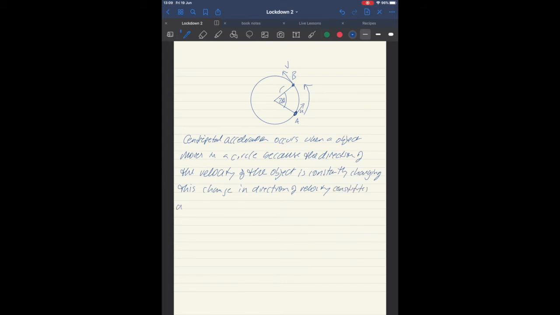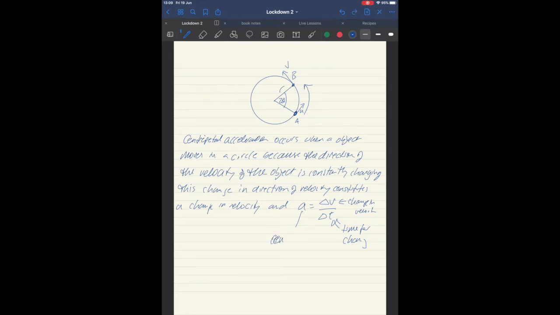constitutes a change in velocity, and acceleration is change in velocity over change in time, so delta v is the change in velocity. It's not a change in size, delta t is the change in time, it's a directional change, but that's a vectorial change. Because velocity is a vector, a change in direction is a different velocity.